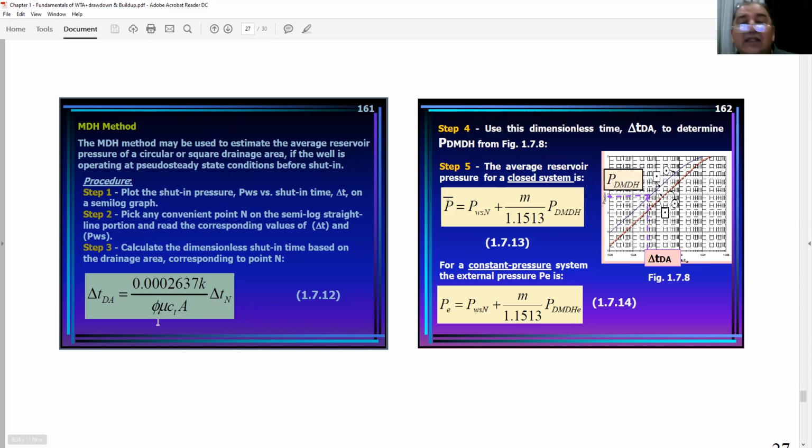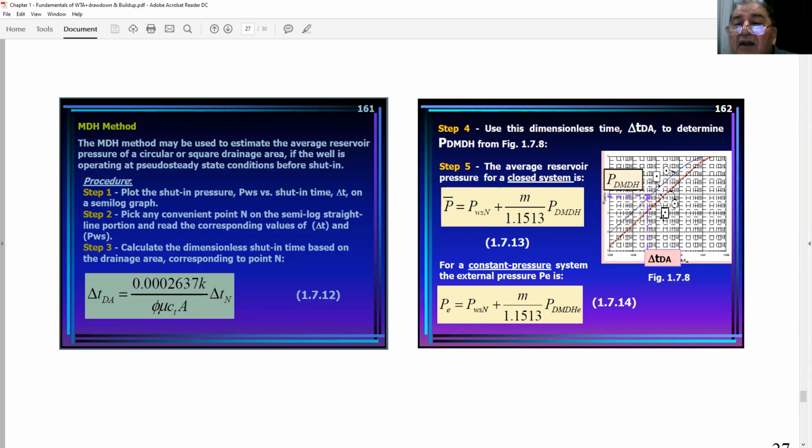Now, delta TDA will be used with figure 178 to read PDMDH based on the reservoir configuration. The first line at the top is for closed reservoirs, either square or circle.